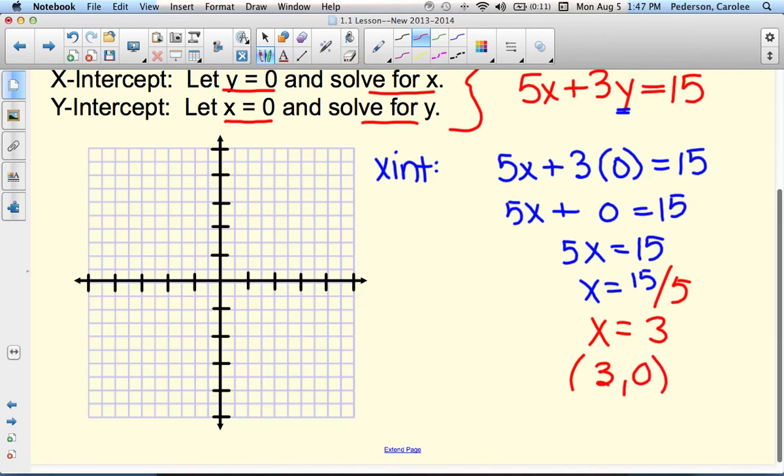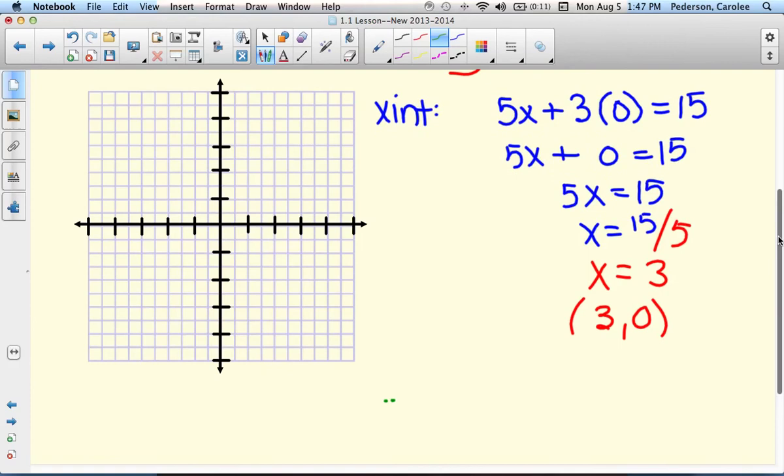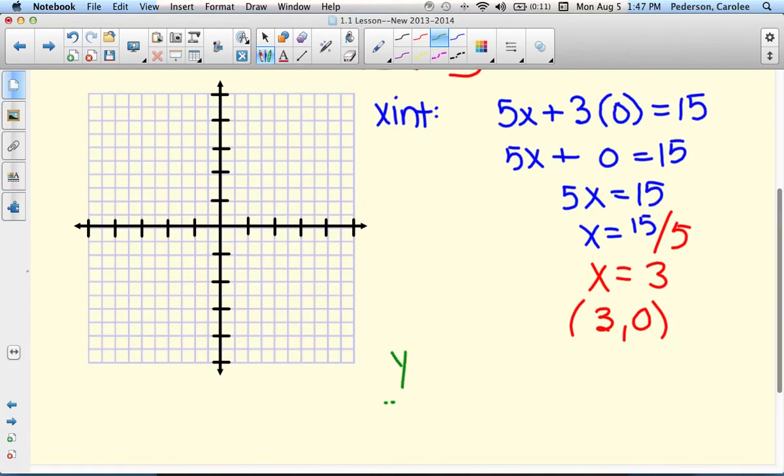Now let's find the y-intercept, where it crosses the y-axis. We're going to do the opposite and let x equal 0. So we say 5, replace the x with 0, plus 3y equals 15.